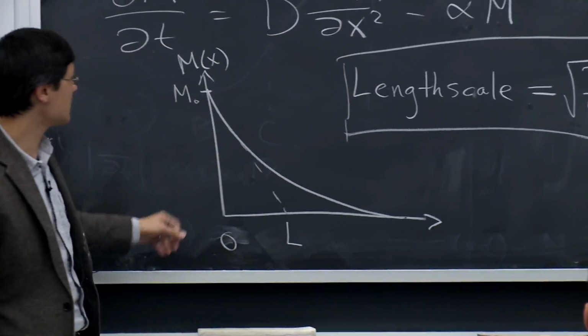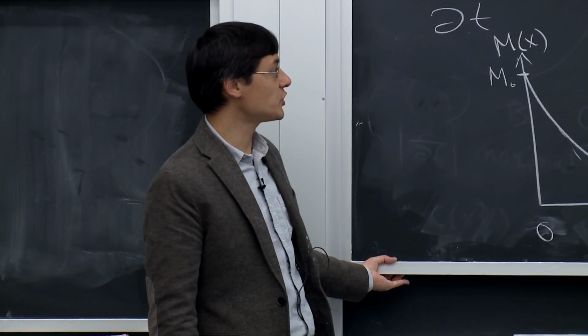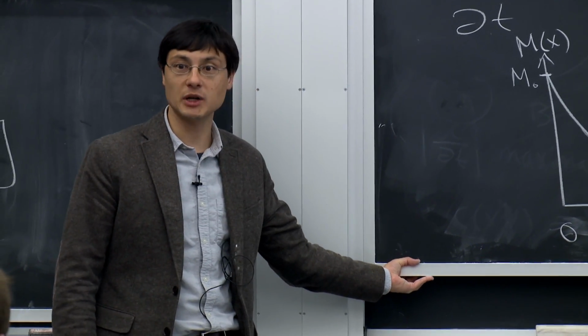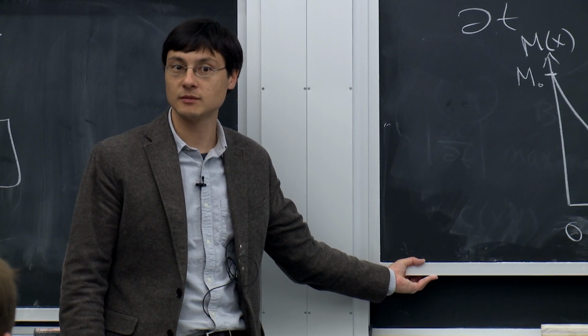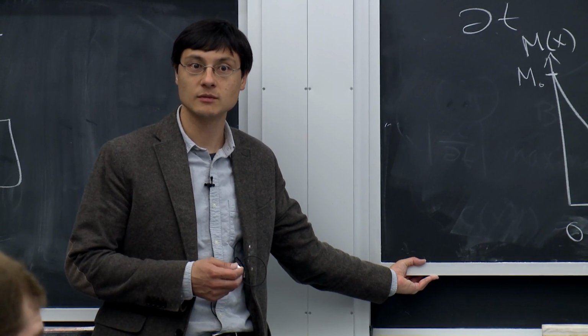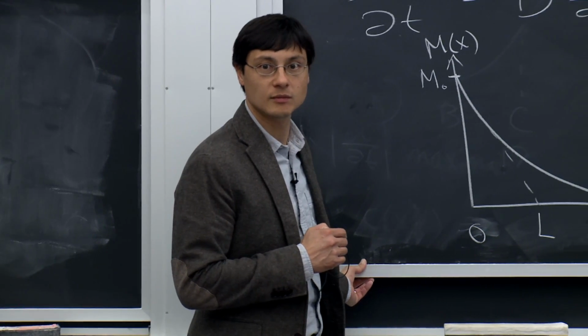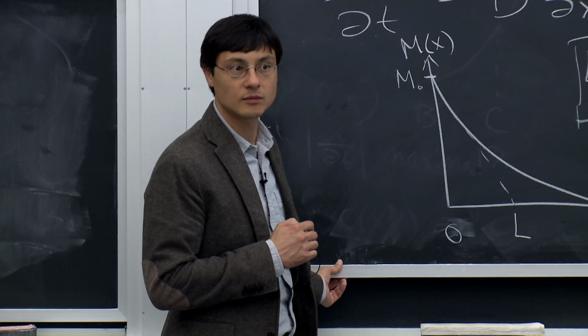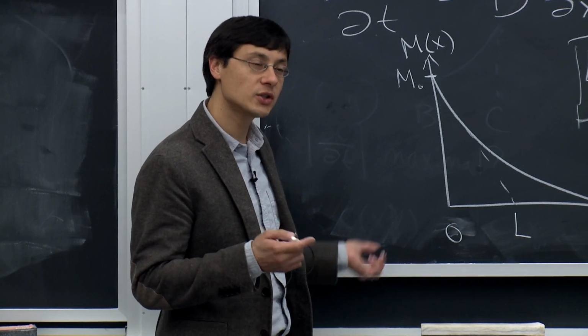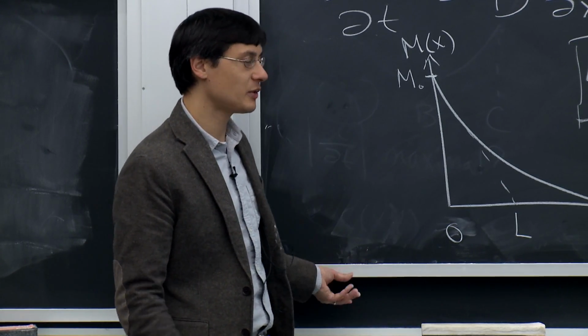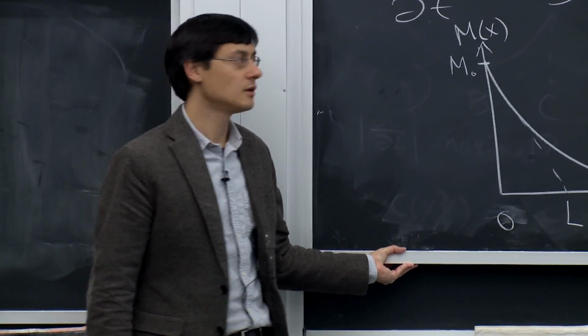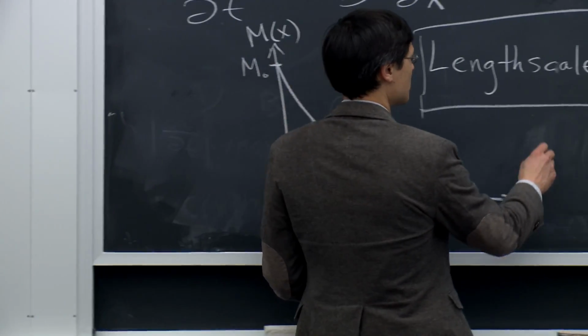All right, so this is a nice situation, except for what was the problem that Uri pointed out? It's not robust, and it's not robust against what? Initial condition, yes, but I think we have to be a little bit more specific than that. It's not robust to changes in M0.